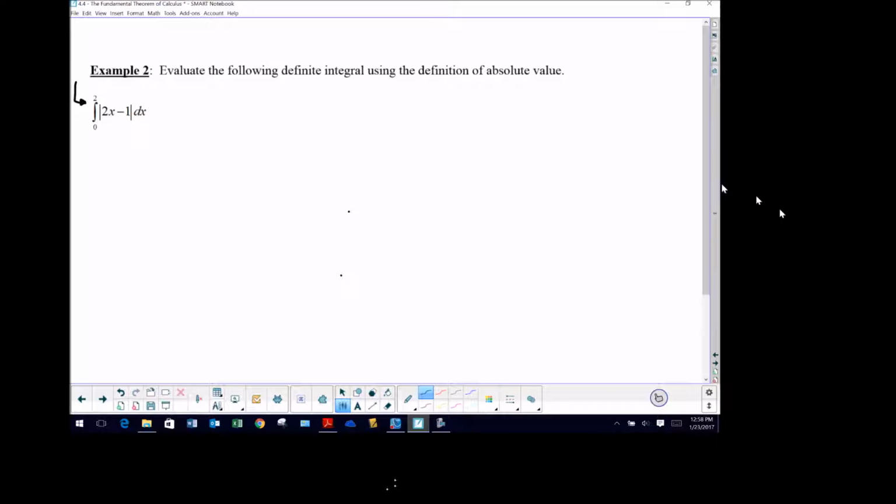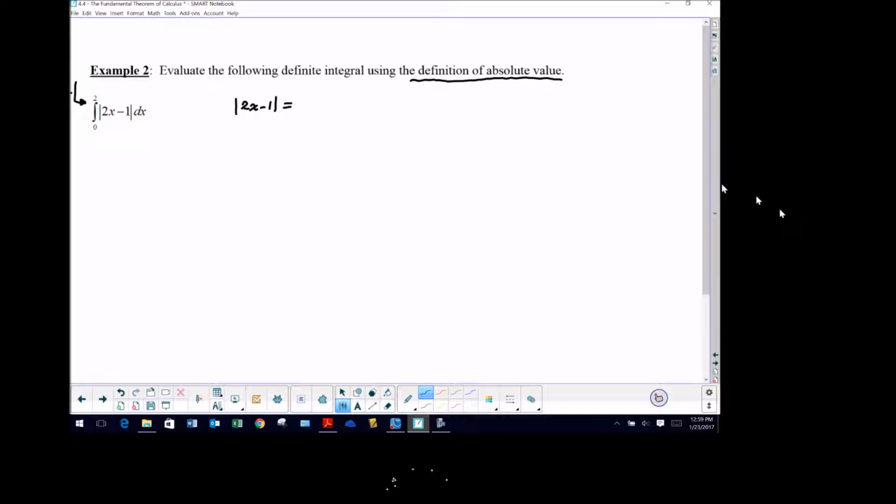But the only problem that I personally, as a teacher, have with these particular directions is that it seems to violate the idea that we're not really using the definition of absolute value, and that's what I want to try to avoid. So let's see if we can do this the way the directions mandate. First thing we have to worry about is what the heck is the definition of the absolute value? If you remember, that is a piecewise function, right?